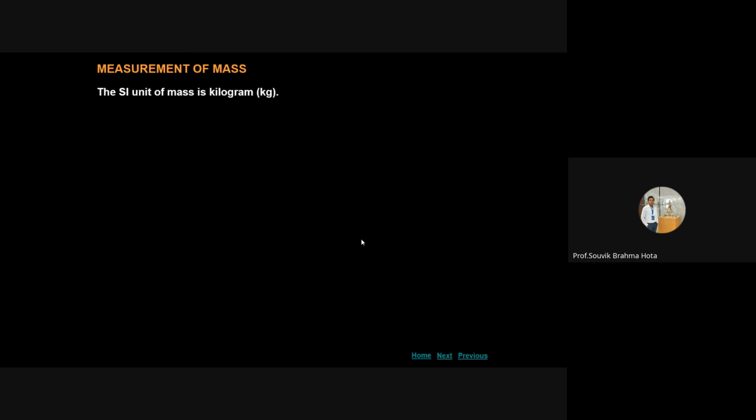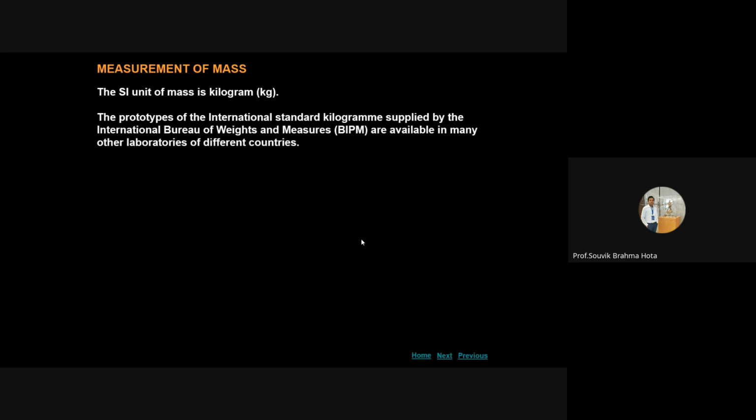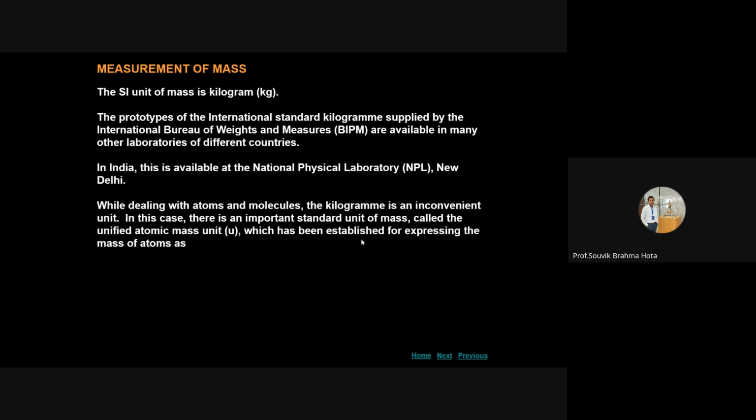Now measurement of mass. We know the SI unit is kilogram, and the prototype I have described, so this is not that much important. And here we should know that when dealing with atoms and molecules, the kilogram is an inconvenient unit, correct?